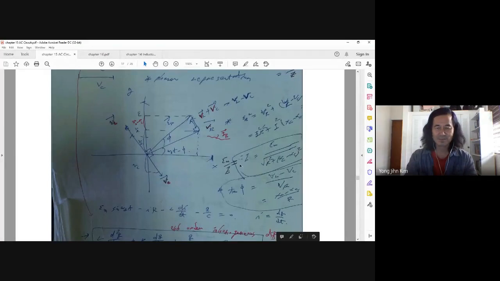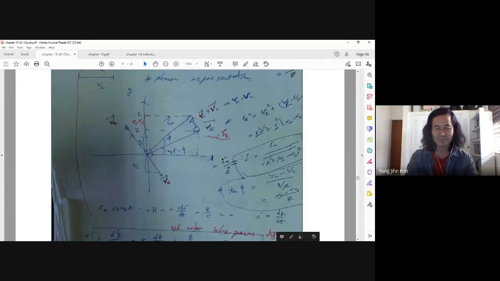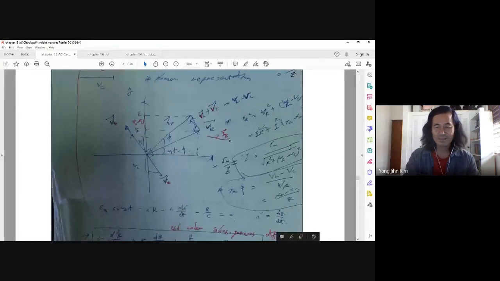This equation is similar to Ohm's law, where current is voltage divided by resistance. So impedance is like a generalized resistance due to the resistor, inductor, and capacitor for AC. Now we can determine this angle. From this figure, we can determine tangent phi.